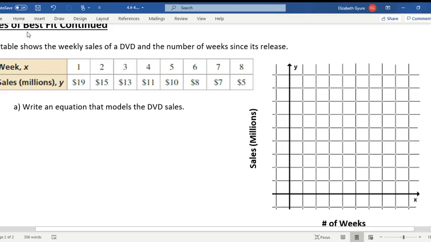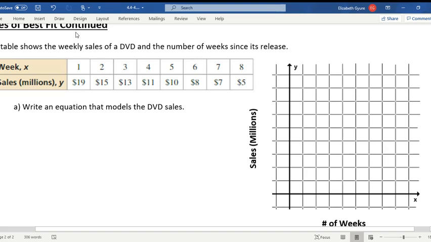Okay, so our first step is we are going to do what? Take a look at the front page. What is our first step? Plot the data. So in order to plot the data, do we need some numbers on our table first? No, you do not have to reorder them. That's a good question though, because since it's a scatter plot, it doesn't really matter what order the data is stated in.